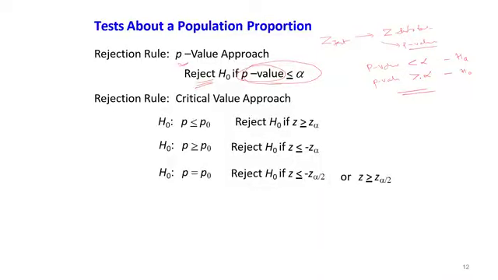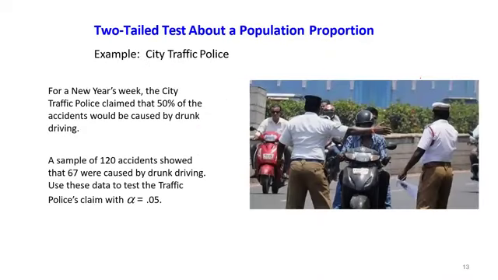All right, the critical value we will not cover. Let's take an example. This is very common, everyone will relate to it. For a New Year's week, the city traffic police claimed that 50% of the accidents would be caused by drunken driving. A sample of 120 accidents.